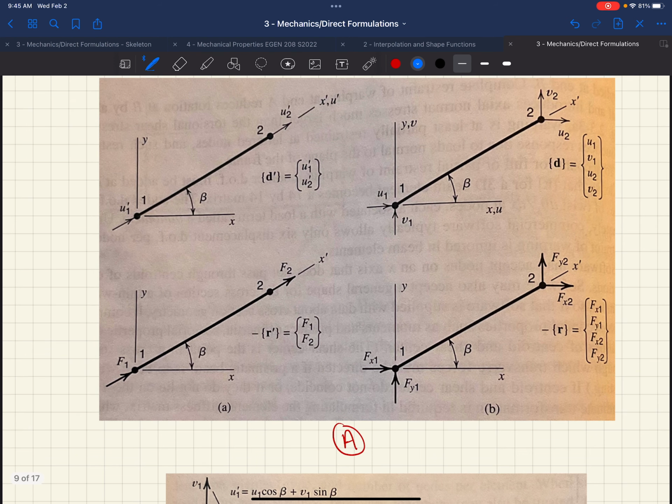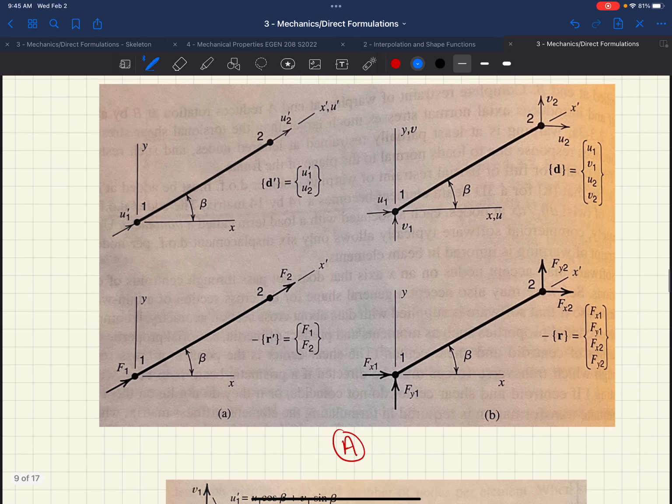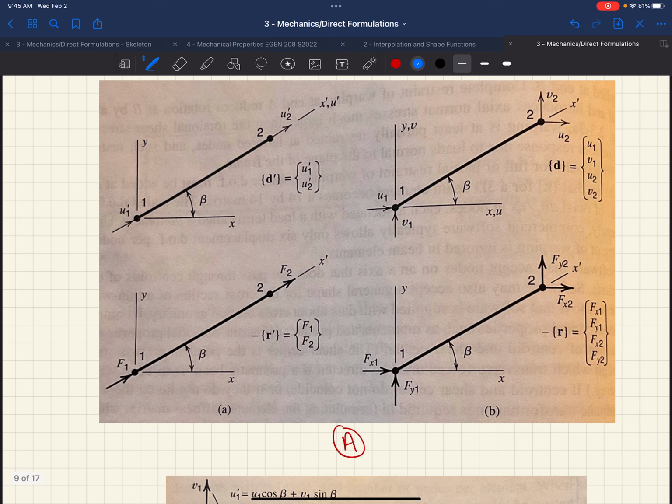So we have figure A here, right? This would be our local behavior that's going on. Our local displacements are our u1, u2 primes, and our local forces are f1 and f2, the axial forces in our bar.